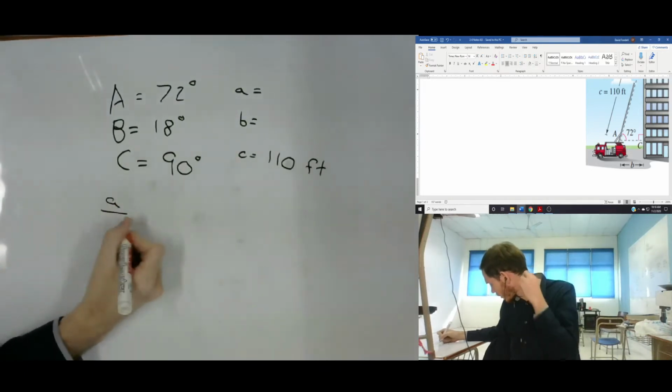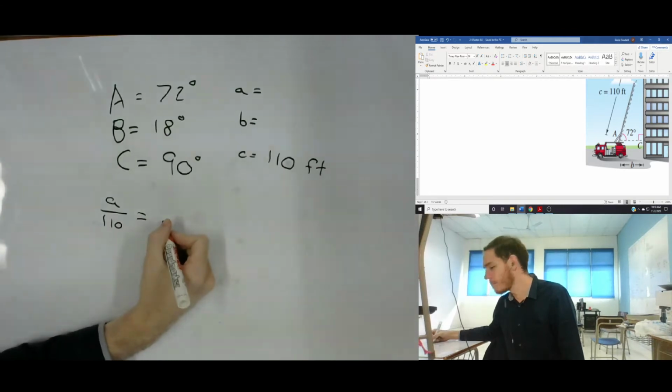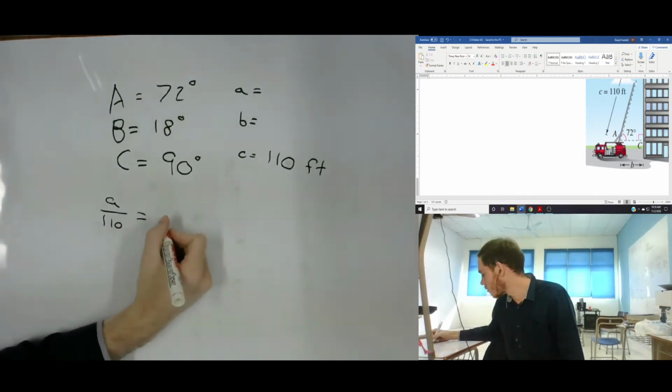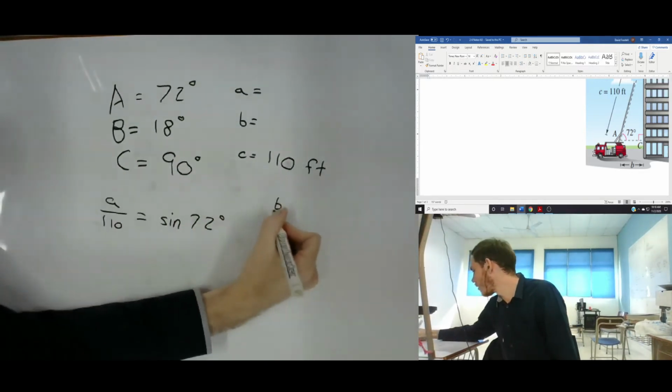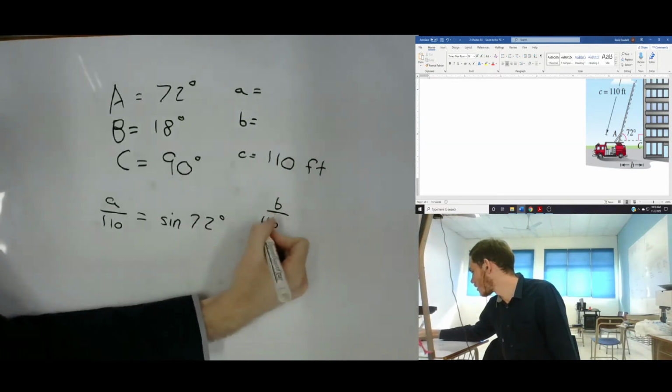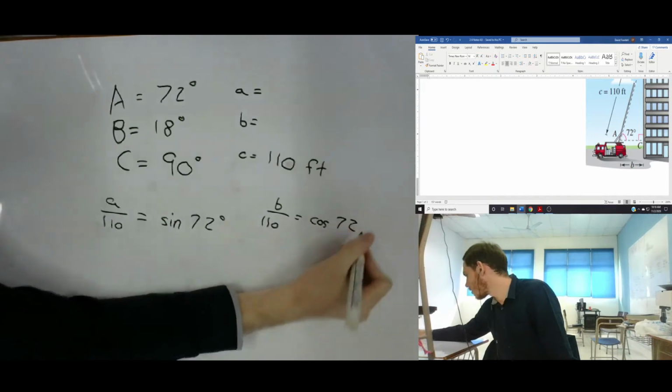So then solving for the unknown sides, we can do a over 110 will equal, opposite over hypotenuse, sine of 72 degrees. And b over 110 will equal cosine of 72 degrees.